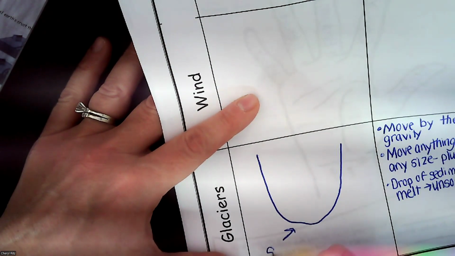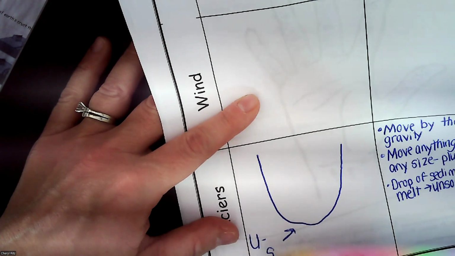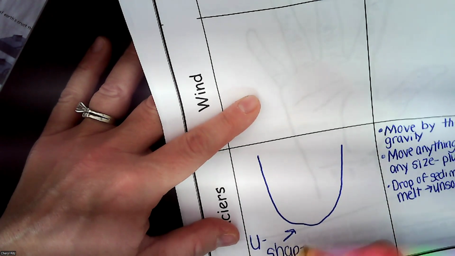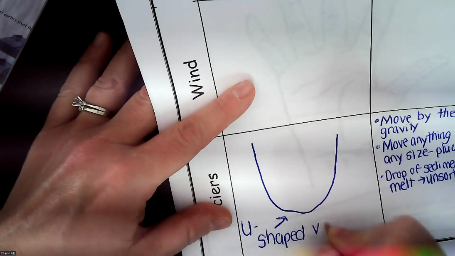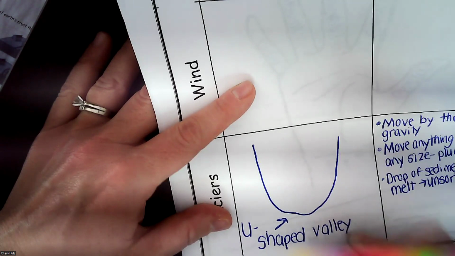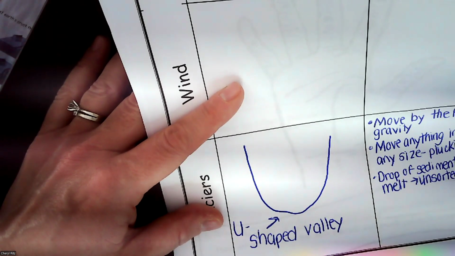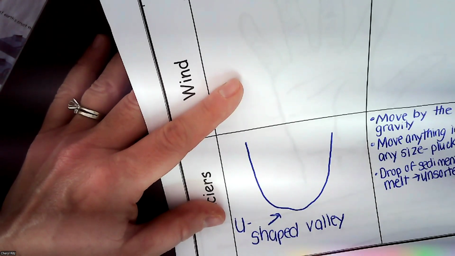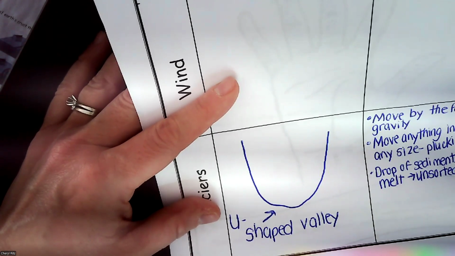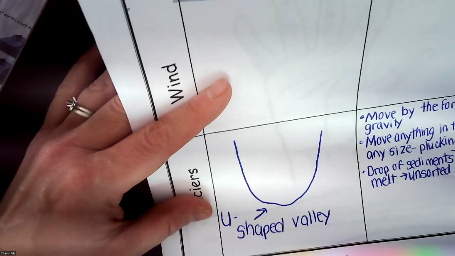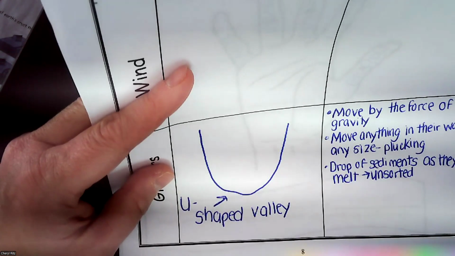That's a U. Remember that they create U-shaped valleys. Honestly, as long as you have them in one or the other box, I don't care which one goes where. I can guarantee you they are going to ask you something about valleys this year, U-shaped or V-shaped. We're going to learn what creates a V-shaped valley.